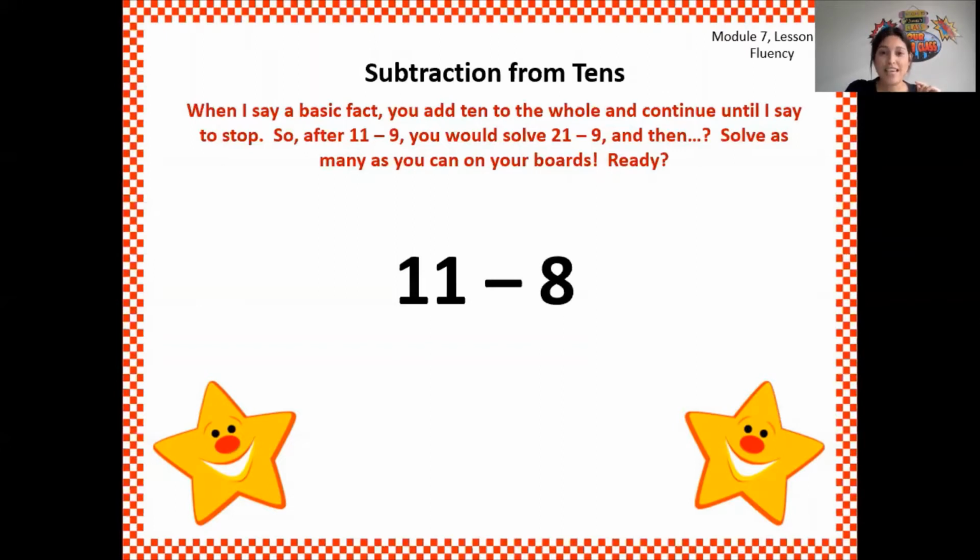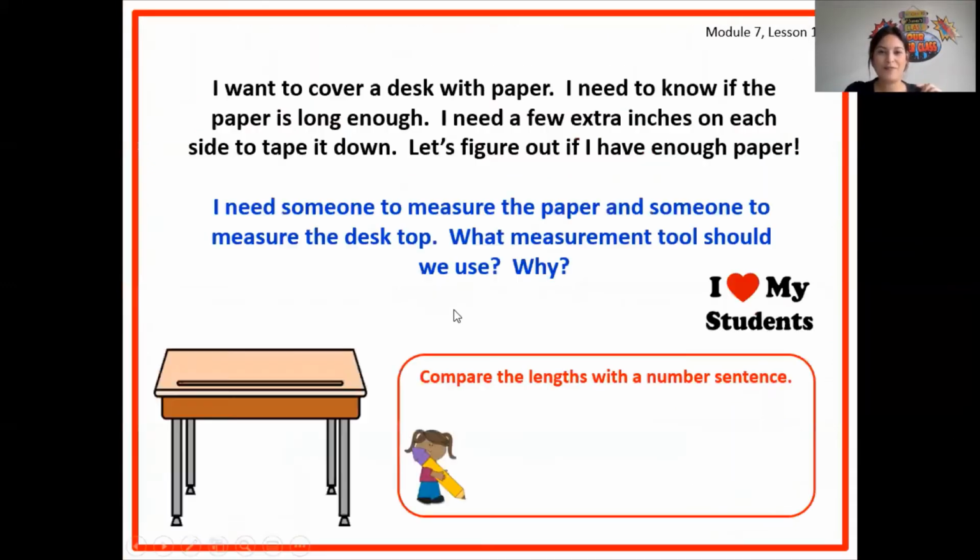Three, because 10 minus 8 equal 2, and 2 plus 1 equal 3. Very good. 13 minus 9. 4, because again, 10 minus 9 equal 1, and 1 plus 3 equal 4.